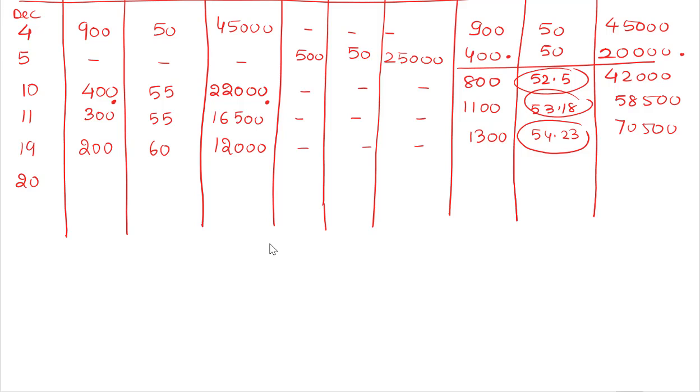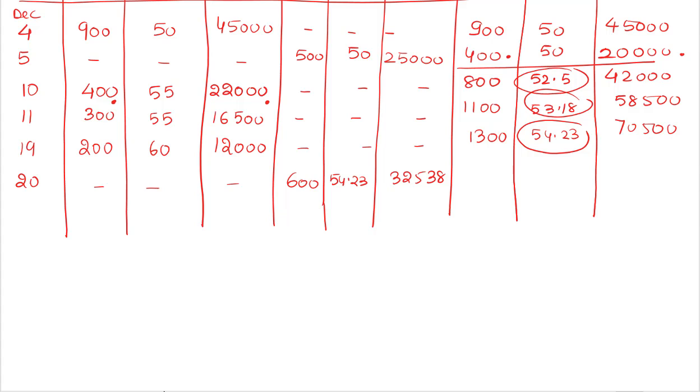On 28th of December, there is an issue of 600 units. The rate is 54.23. 600 multiplied by 54.23 is 32,538.